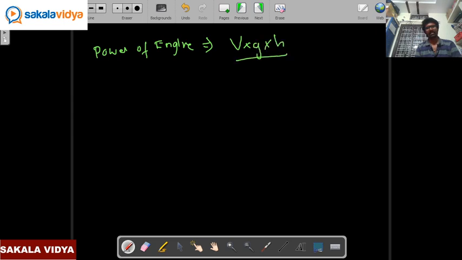So power of the engine is equal to volume into G into H by T, or we can also use force into displacement by time.